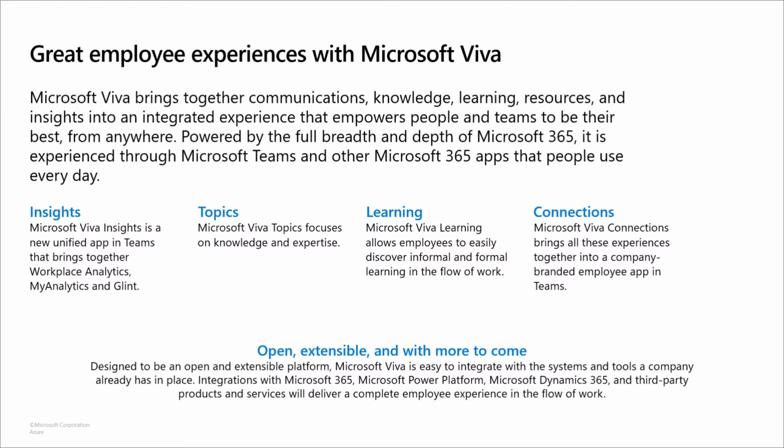Topics is so that you can rely on AI to bring together topics that are keeping everyone connected, keeping you informed of who may be, we've seen this before, experts on a topic, content on a topic.